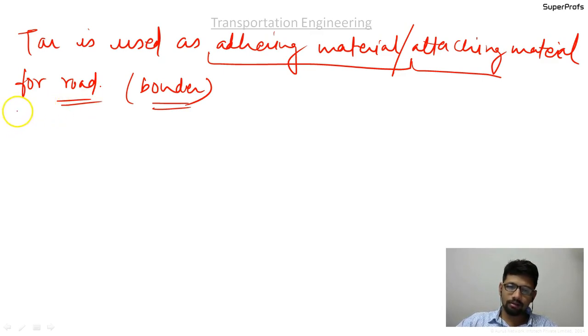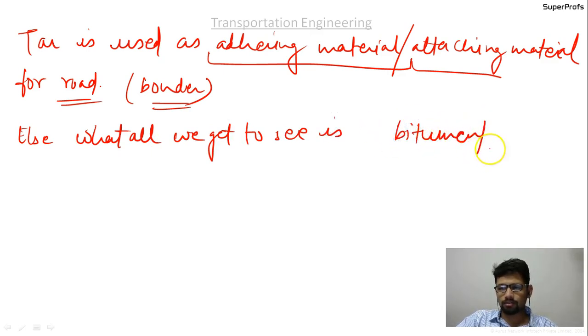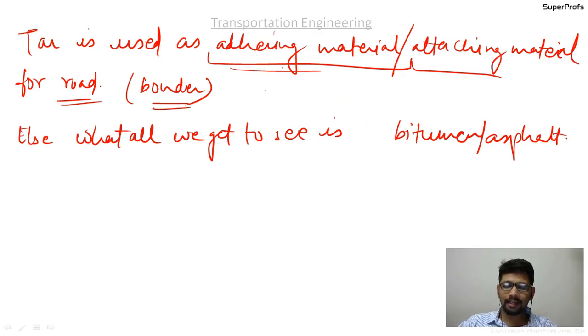Please write down that else what we get to see is bitumen or asphalt. Okay, since it is a bonding material, you cannot see it because it will be somewhere between the two materials, between the aggregate and the bitumen.